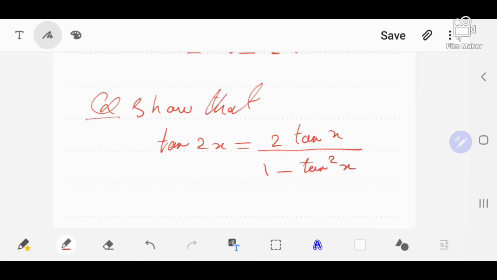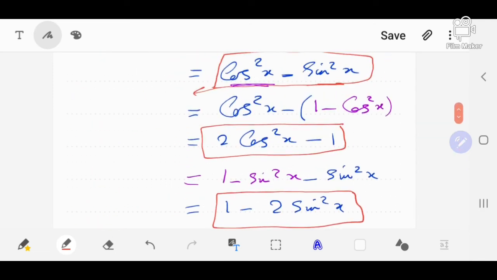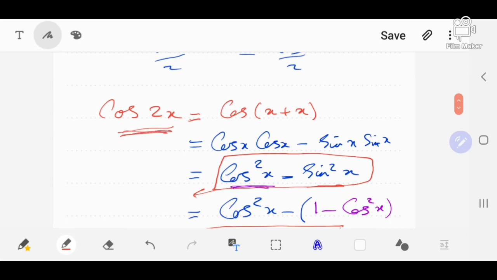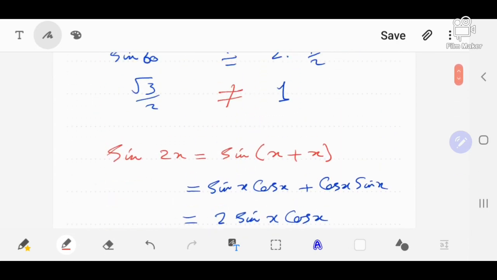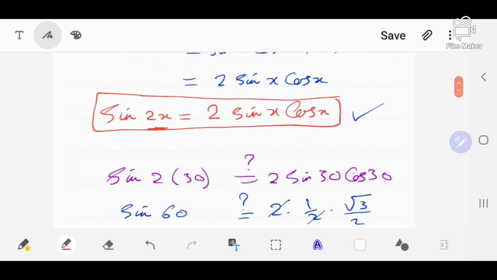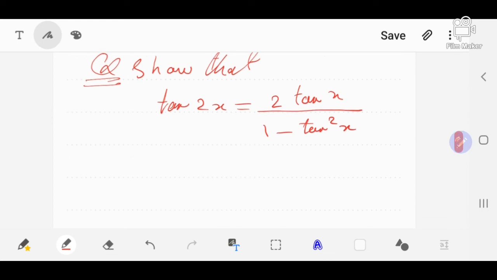This will be your question. Of course, you know now what to use. Look at what I did. Cosine 2x, what did I use? Sine 2x, what did I use? So you can apply the same thing in tan to show that tan 2x is equal to 2 tan x over 1 minus tan squared x. This should not take seconds from you.